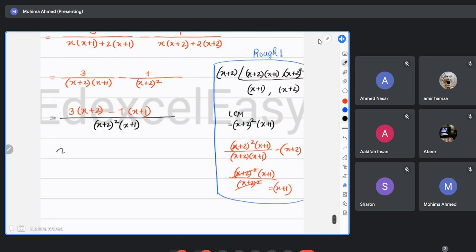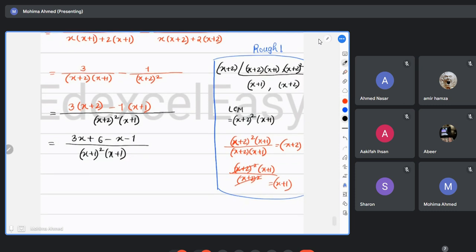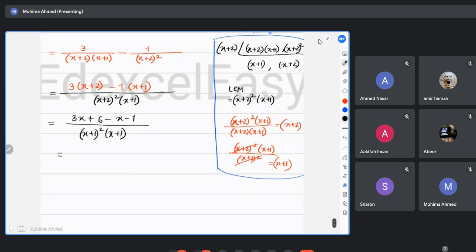Now from this part again, I can get 3x plus 6 minus x minus 1 divided by x plus 1 whole square, x plus 1, and 3x minus x is 2x.